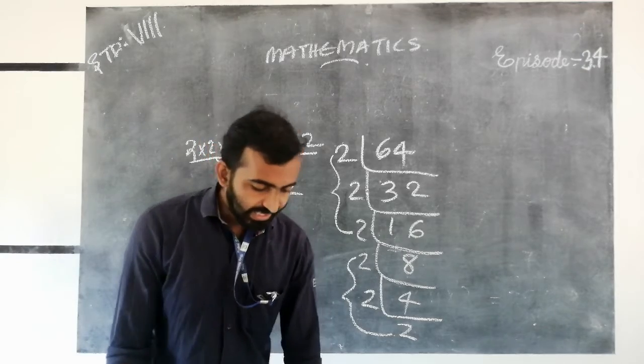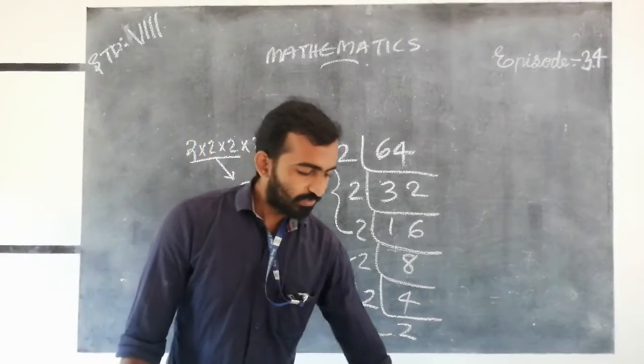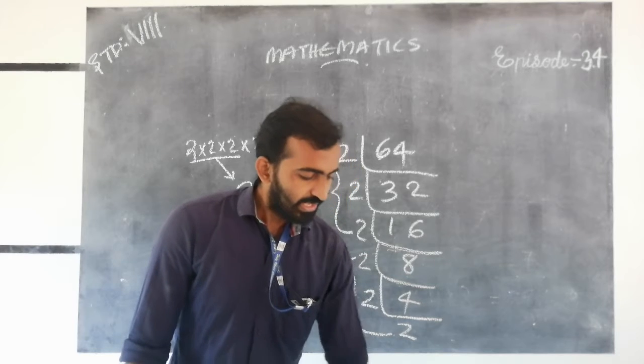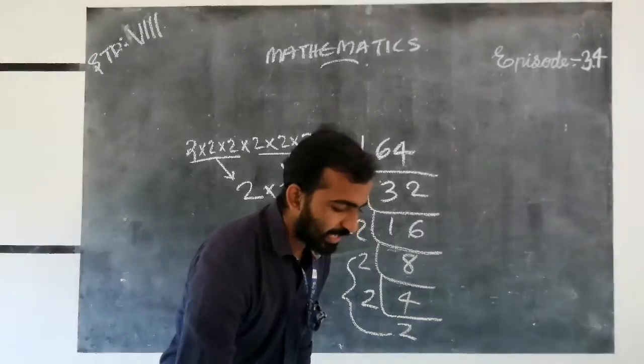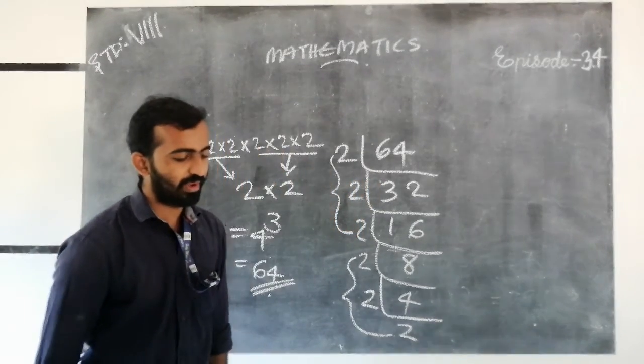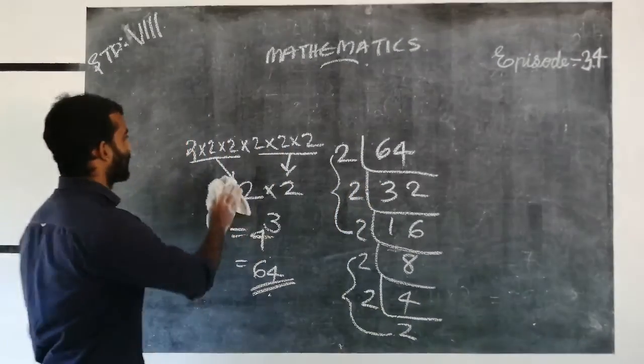Next, for example, is 243. Is 243 a perfect cube?